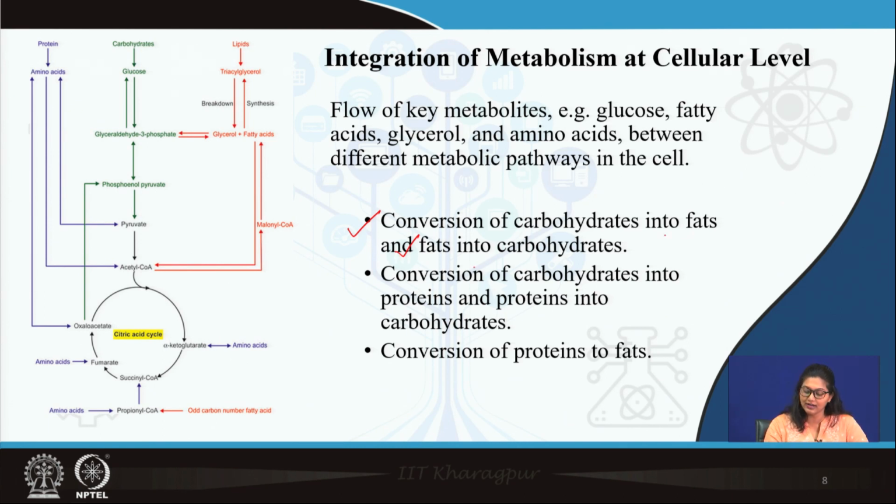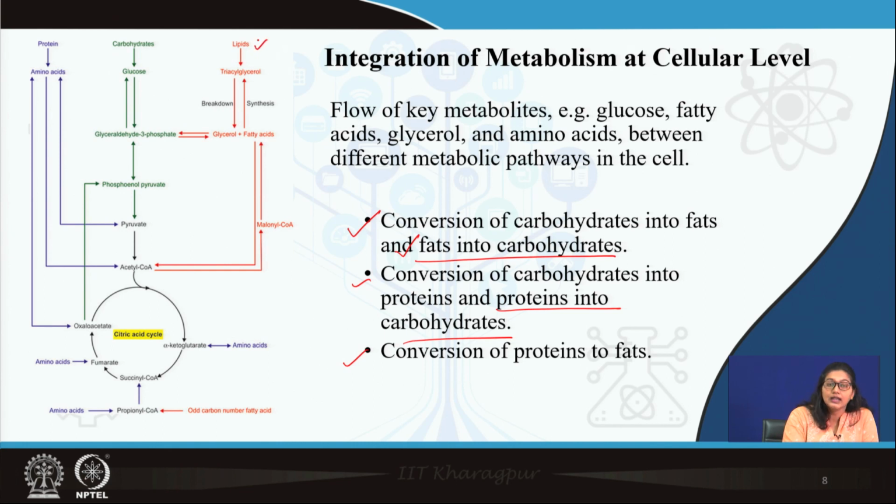Remember, fat to carbohydrate or protein to carbohydrate, that is gluconeogenesis. Then protein can be converted to fats also, but fat cannot be converted to protein, please. Here you can see the different links or interconversions of biomolecules.